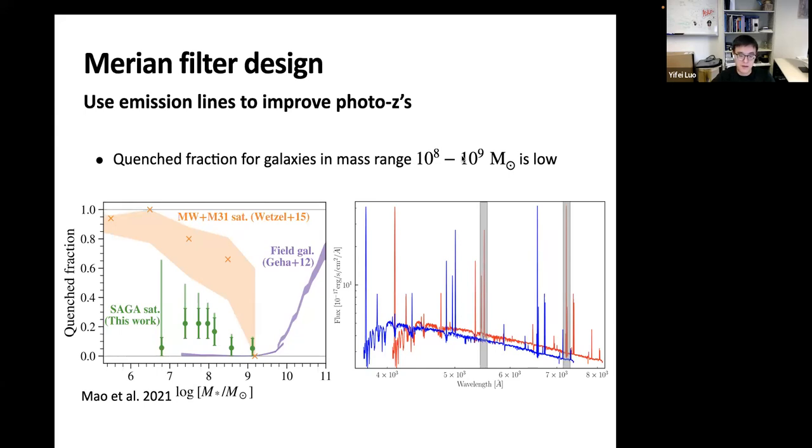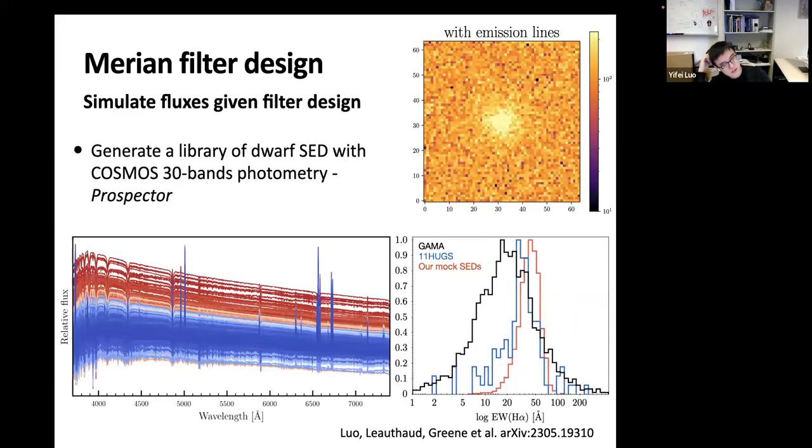Now I'm going to introduce how we design those medium-band or narrow-band filters. We started by building a library of dwarf SEDs with the COSMOS 30-band photometry. COSMOS is a 30-band photometric survey. Well, actually, it's not one survey.